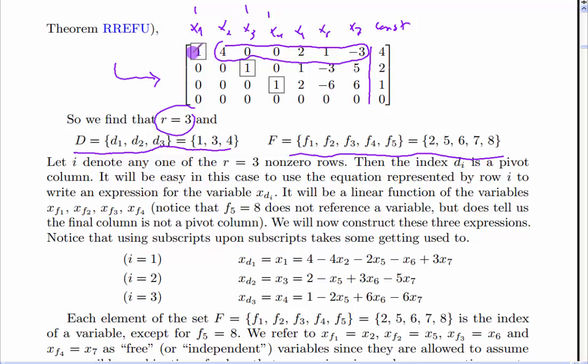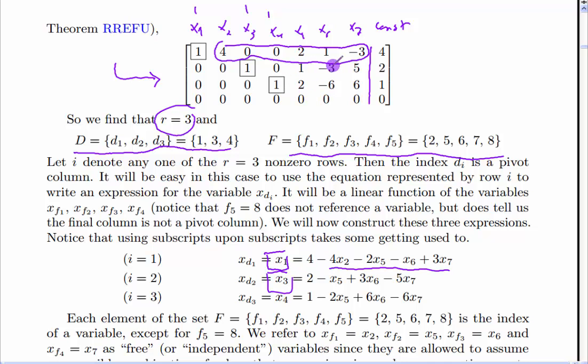That would give me x1 equals 4 minus 4x2 minus 2x5 minus x6 plus 3x7. And if we do that, we get the pivot variable x1 in terms of all the other variables.